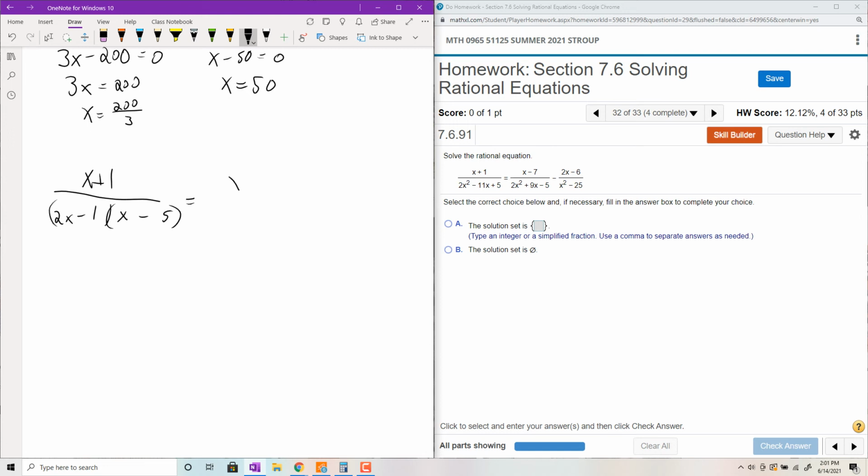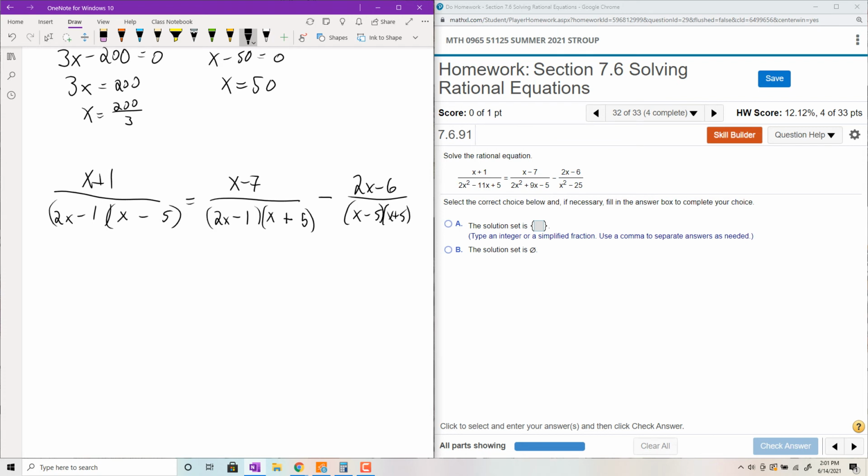On the other side, 7 all over 2x. This time it's plus minus, and we want the plus 1 to be positive, and this one's negative. So you'd get positive 10x minus 1x would give you the positive 9x. Then we got 2x minus 6. This is just a difference of squares.